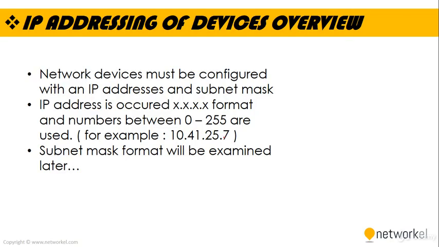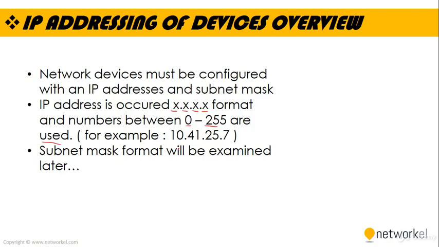Let's take a look at the IP addressing of devices now. Network devices must be configured with an IP address and a subnet mask. An IP address is written in dotted decimal format and numbers between 0 and 255 are used.